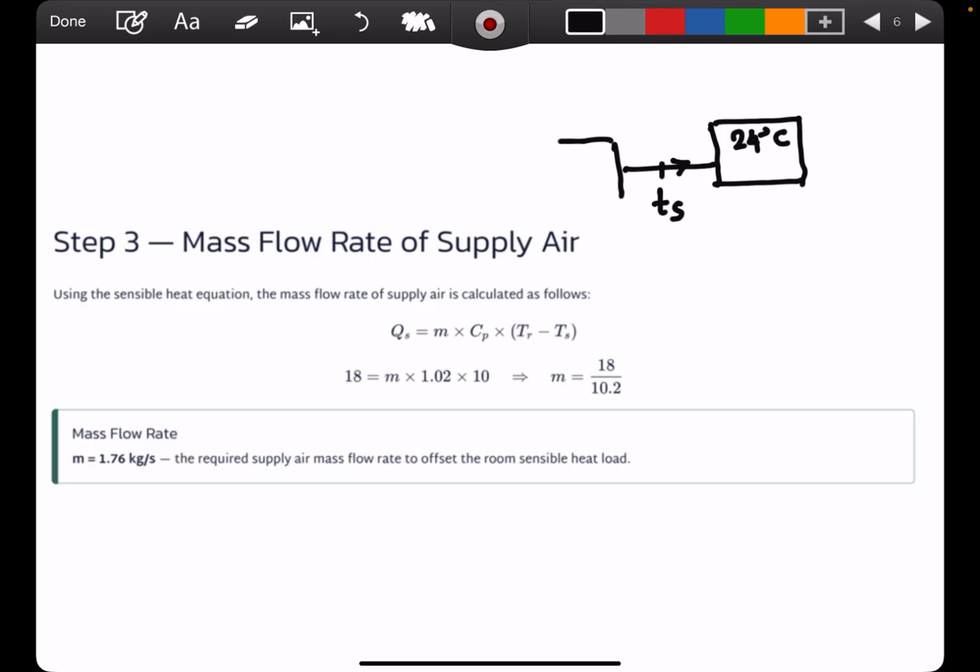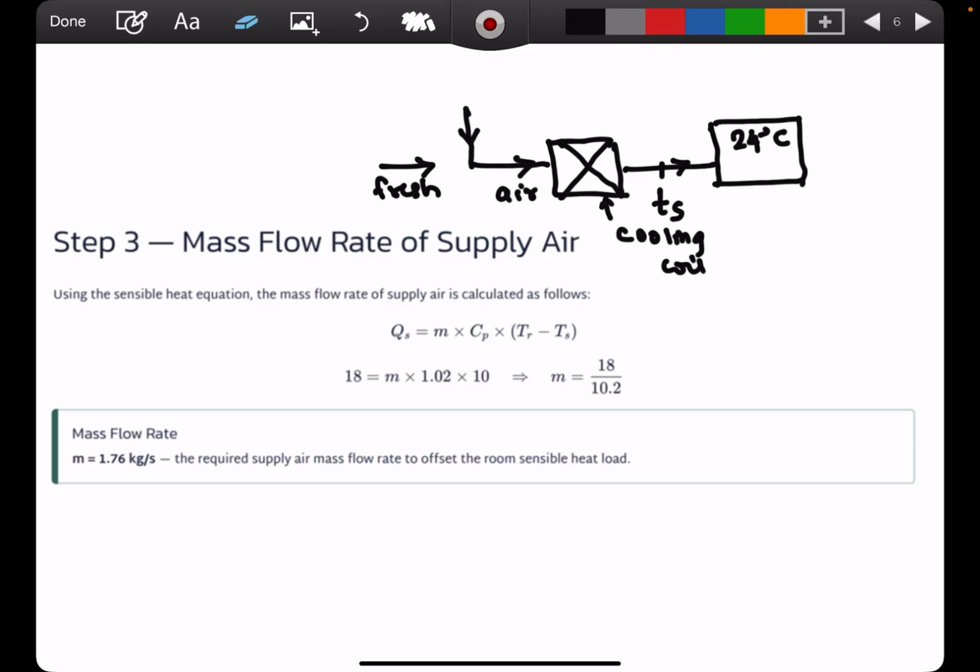This conditioned air comes from the apparatus, which is your cooling coil, and this cooling coil is supplied the air, which is a mixture of the fresh air and the recirculated air. So the cooling coil is receiving mixed air.